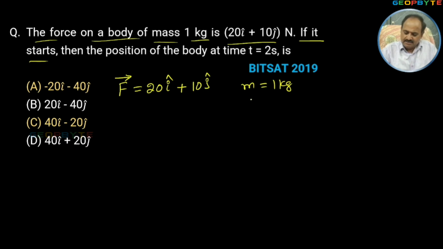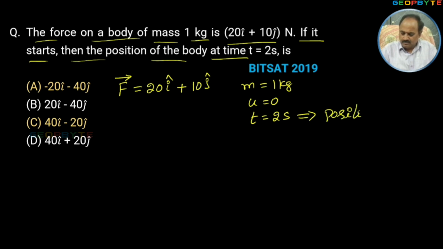If it starts, means initial velocity u equal to 0, then when t equal to 2 seconds, what is the position of the body?